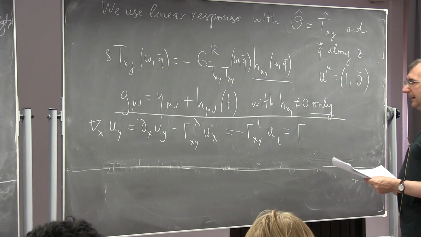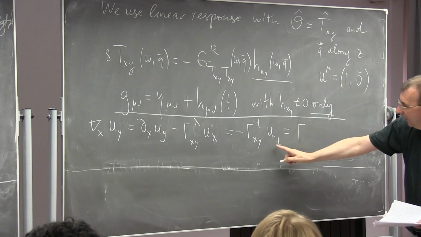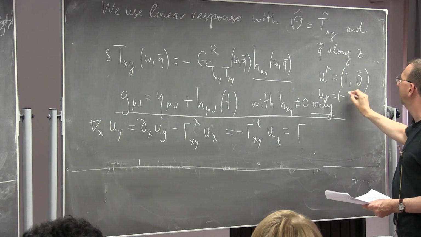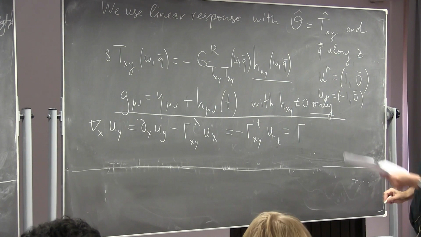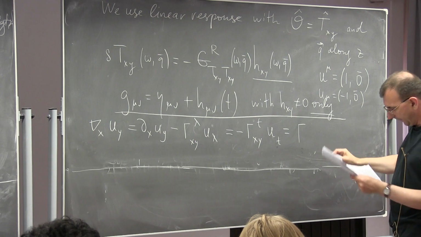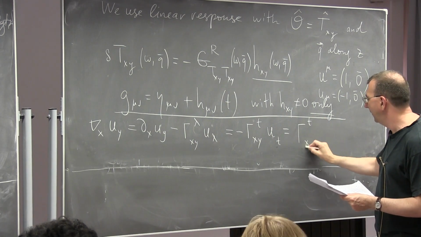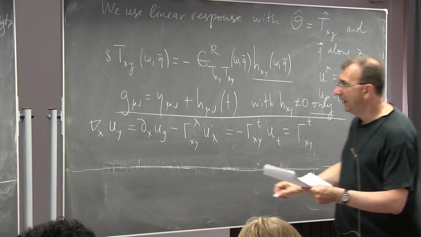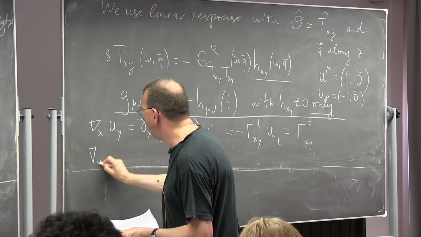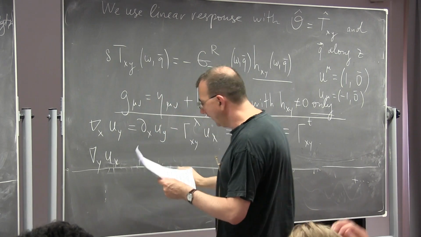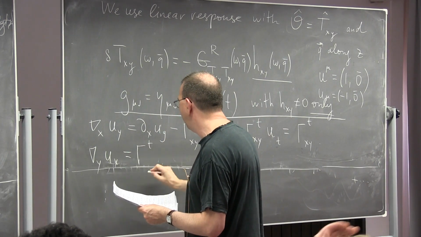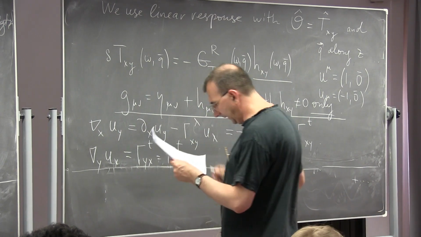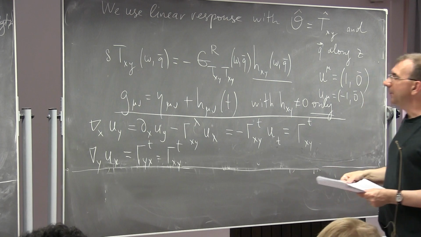Because this index is lower, we have a minus sign. So u mu with lower index is minus 1, 0, with my Minkowski signature minus plus plus plus. Therefore, this is just gamma t xy itself. There is nothing else. Then you compute nabla y of ux, and this turns out to be gamma t yx, which is the same as gamma t xy. Then you compute the Christoffel.